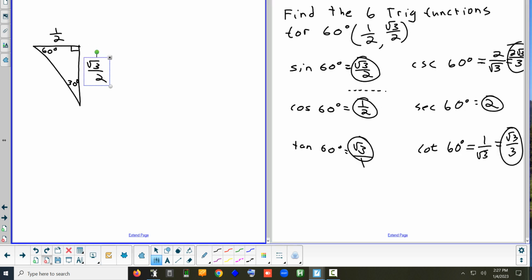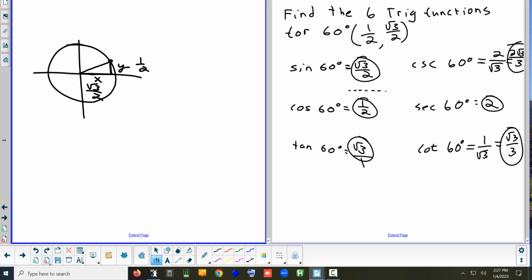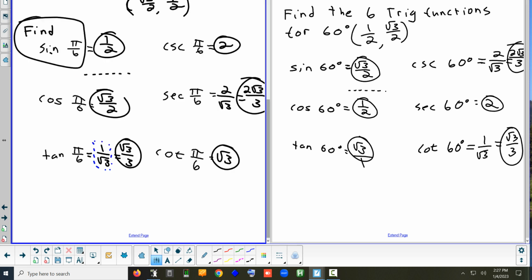Now, if we go back to the 30 and look at those answers, you notice it's all the same answers for the 30 and the 60. But what ended up happening is they all switched places. The 1/2 and the root 3 over 2 switched.